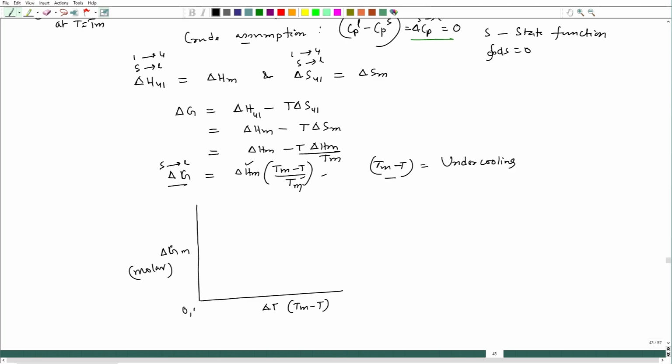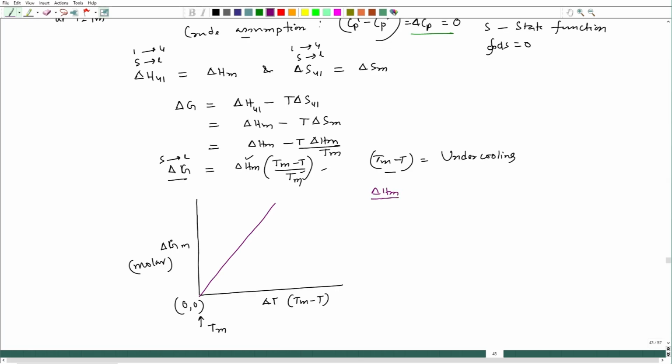In fact, this is 0, 0, and this particular point is equal to melting point, because I am considering the undercooling from melting point. Then I would see that this plot would be a straight line like this, where the slope is delta Hm by Tm. These two are constant, so that is what decides the slope, and accordingly it is a straight line starting from 0.